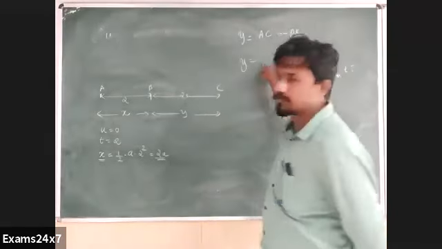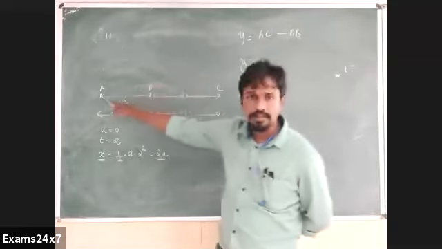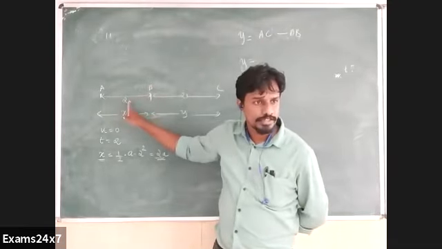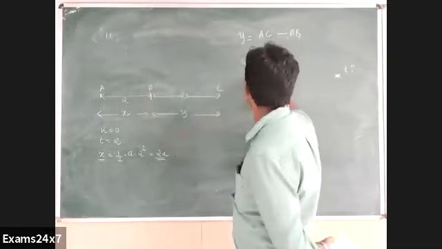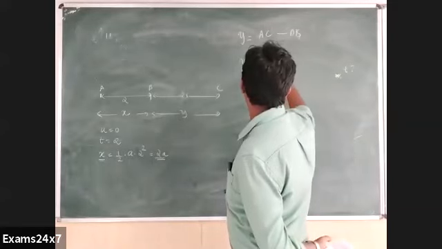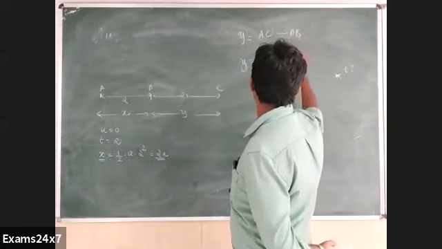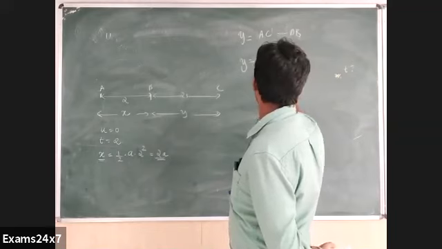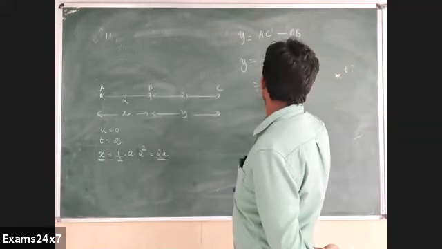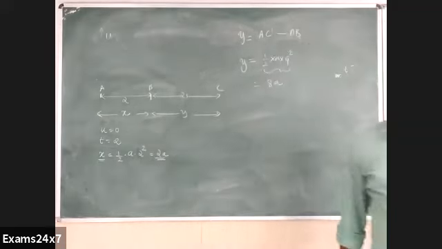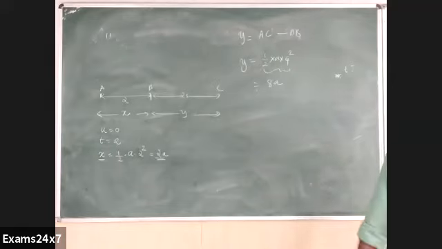Starting from rest, acceleration is a, time is 4, distance AC is half into a into 4 square. 4 square is 16. 16 by 2, 8a.